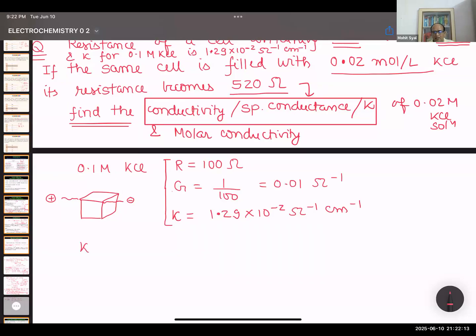So we know kappa equals G into G star, where G star is the cell constant. Here G is 1 upon 100, and G star is the cell constant. So G star is equal to 100 into kappa, I will cross multiply.